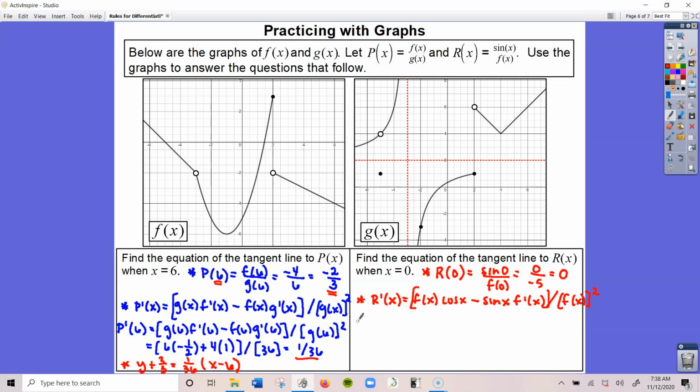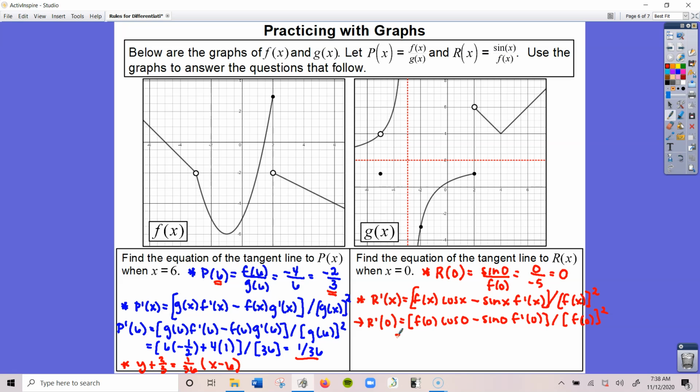Now I'm ready to plug in 0 so I can get my slope at x equal to 0. So that's going to be f of 0 times cosine 0 minus sine 0 times f prime of 0, all over f of 0 squared.